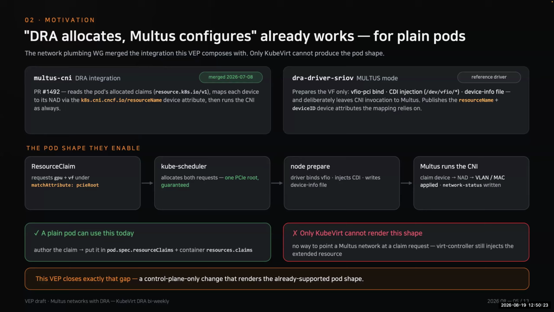I see. For plain pods, it's already working smoothly. And so we want to add that support for KubeVirt as well, because we are currently running VMs on top of Kubernetes. Eddie, you can correct me if I'm wrong, but my understanding was that there was some work on the SR-IOV driver to make it work with a KubeVirt VM. Does that not include Multus?